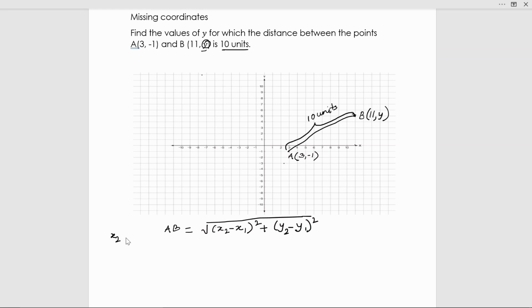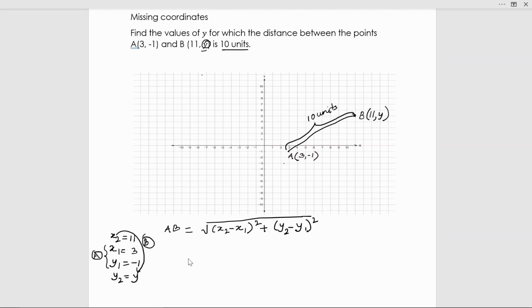X2, for example, is equal to 11, and X1 will therefore be equal to 3, and Y1 is equal to -1, and Y2 is our missing coordinate, that is Y. So X1 and Y1 represent point A, and X2 and Y2 represent point B.